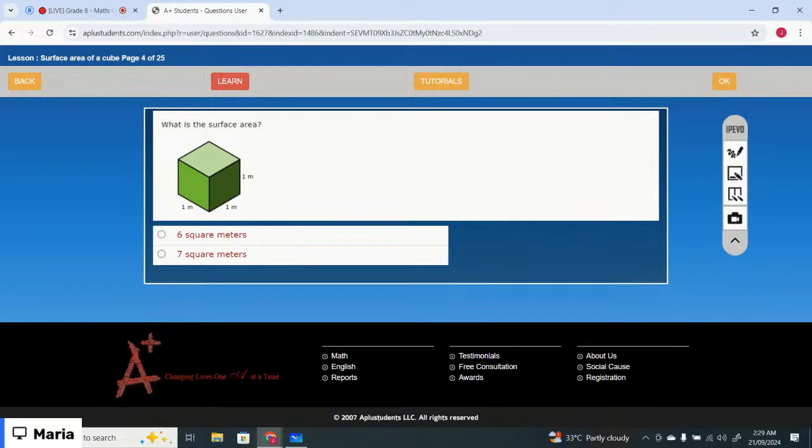Option number 1 is the correct option, right? So that is 6 square meters. Very good.